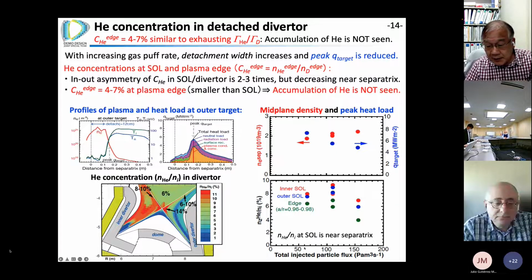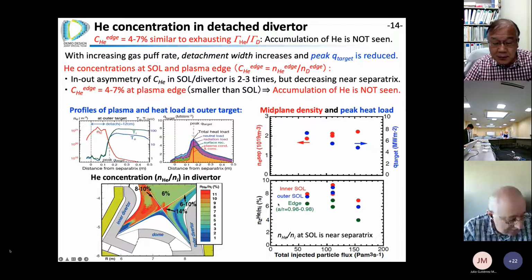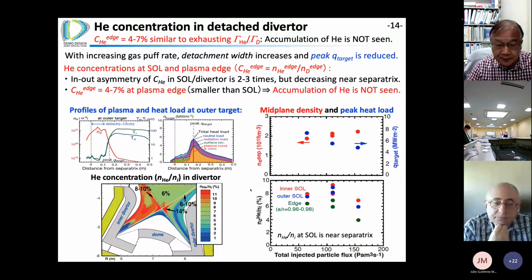If we change the gas puff location like here, the peak heat load is reduced and the density increases. The green shows the helium concentration in the edge. It is a little bit reduced, but the level is 4 to 7% in the edge. So there is no problem, as accumulation of helium is not observed.